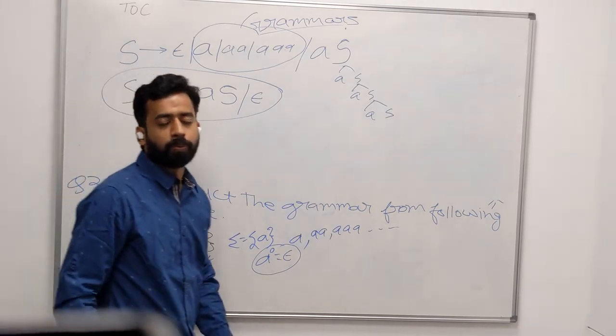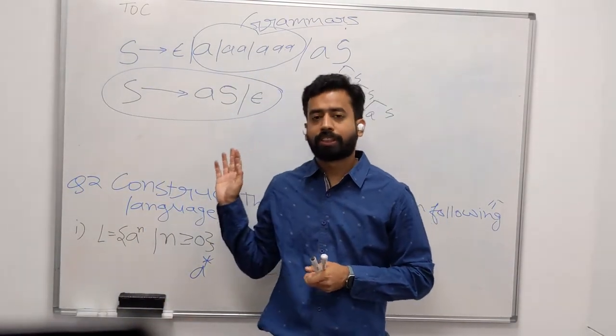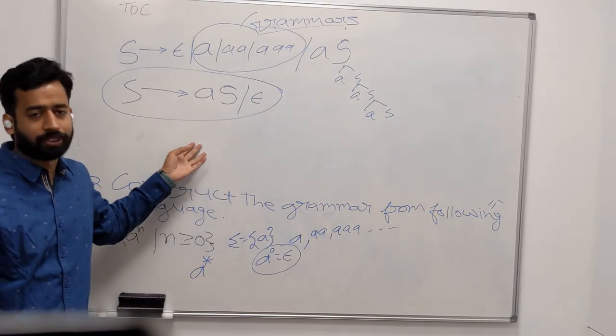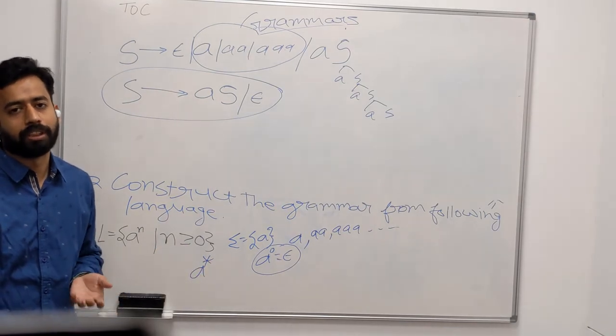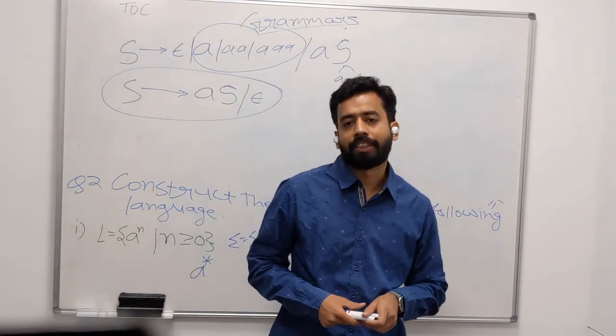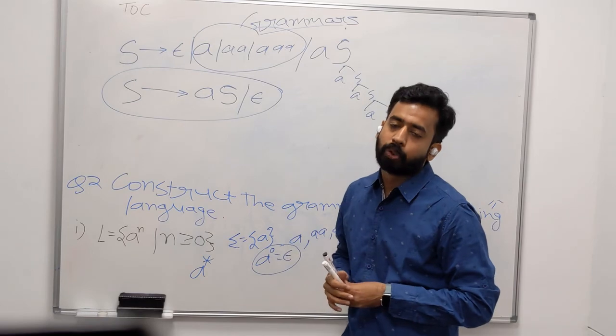I hope you understand all the concepts which I taught today. We were seeing the very basic questions of grammar. We have seen leftmost derivation, rightmost derivation, and the derivation tree or parse tree. We have also seen the yield of the parse tree and how to say what string is produced by that grammar.